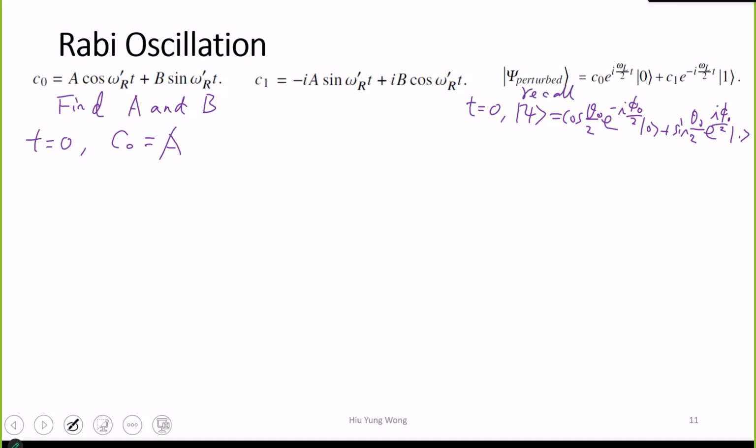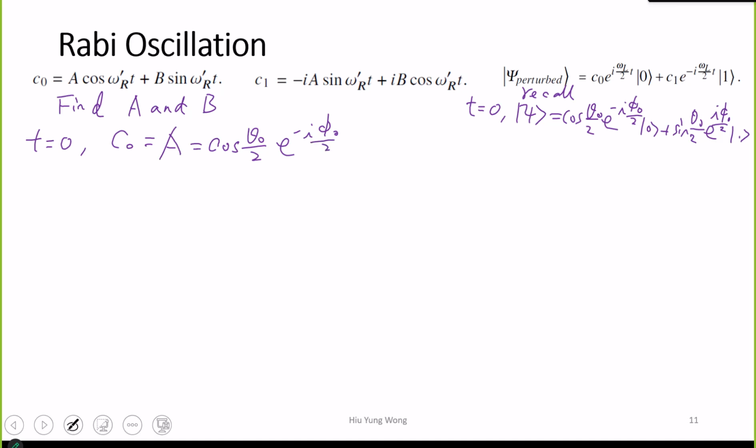Am I right? For any state, before you solve the problem, you must have an initial state. And that initial state, I just name it to have theta equal to theta naught and phi equal to phi naught, because it must have a certain polar angle and azimuthal angle, right? So this tells us that A equals cosine theta naught over 2 e to the power negative i phi naught over 2.